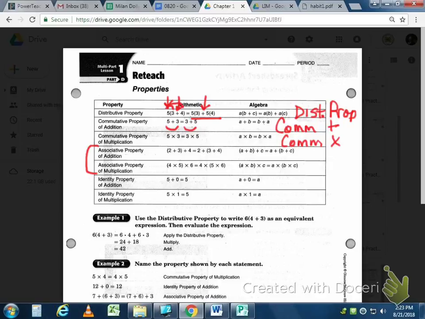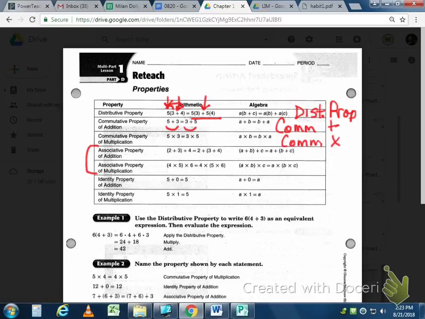So you shift the parentheses to make the problem simpler or just different. So notice associative property of addition, I'm adding 2 plus 3 plus 4 on both sides of the equal sign. It's just on the left they have the first two grouped in parentheses, and on the right they have the last two grouped in parentheses. They reassociate them so that you can add them or multiply them in a different order.